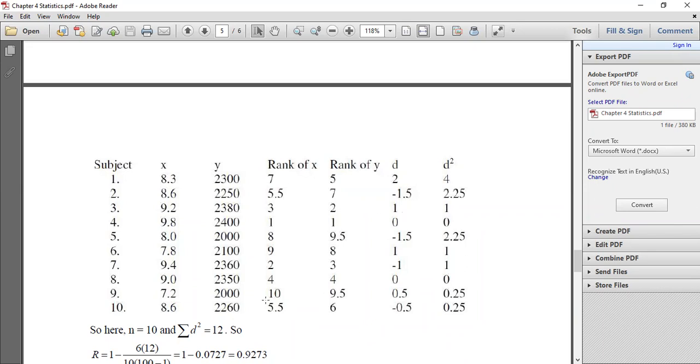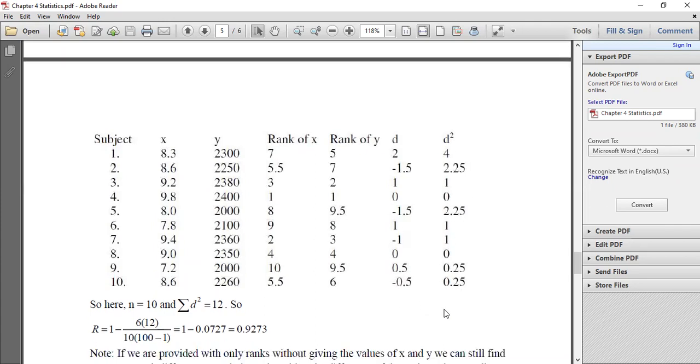All the way down to 5.5 minus 6, you get negative 0.5. Then you square your D. So 2 squared is 4, negative 1.5 squared, the negative is also inside the bracket as you square, so you get a positive 2.25, all the way down. Then you can substitute that into the formula.